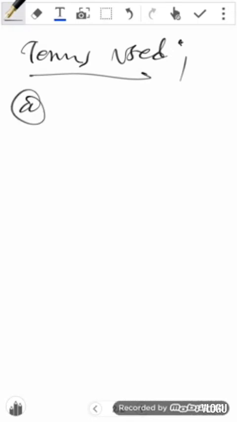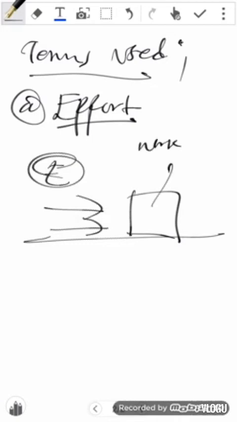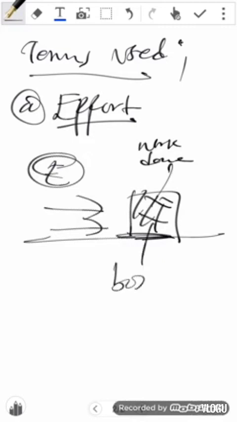The first term is effort. What is effort? Effort is simply the force applied to a machine in order for work to be done. So this is a box on a leveled ground. This box is regarded to be a system. When a particular force is applied to the box, that force is regarded to be the effort force.